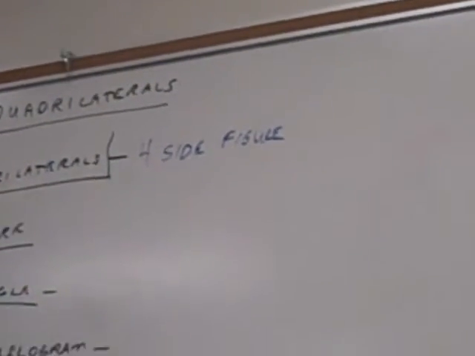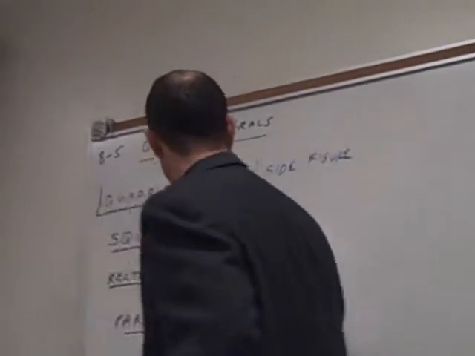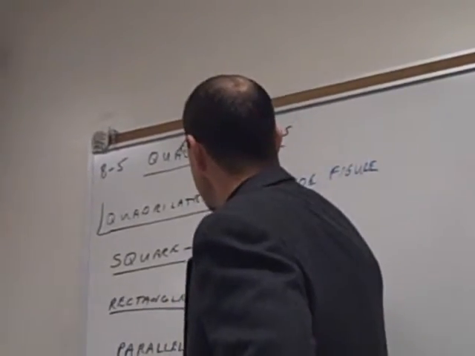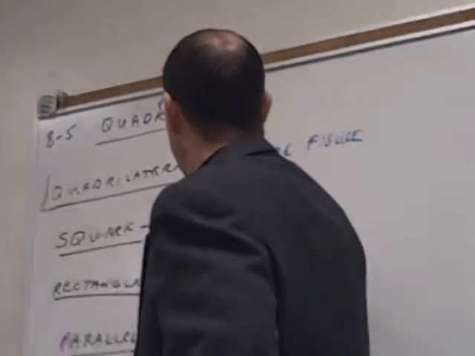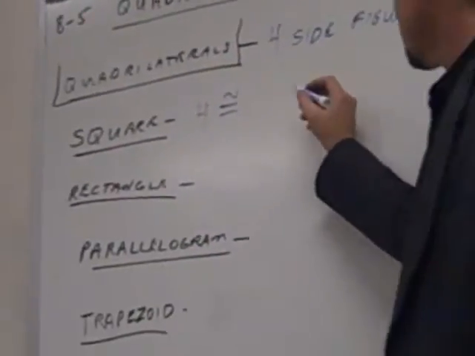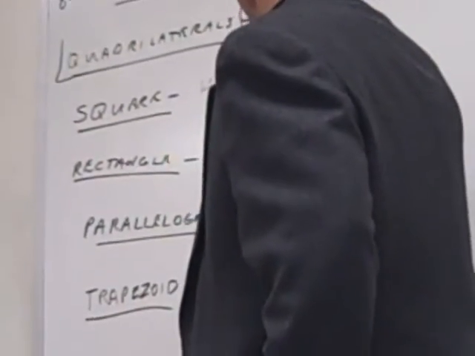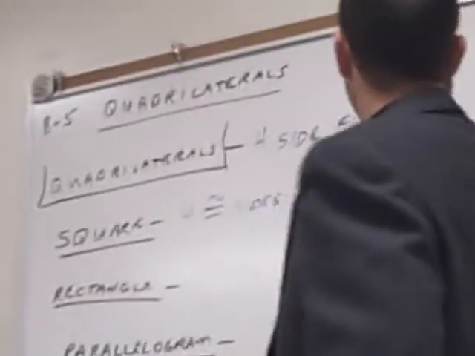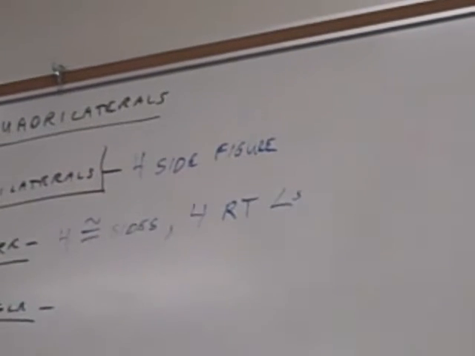All right. How would we describe a square? Now we don't say equal in geometry. We're fancy. Four congruent sides, four right angles. Now I'm abbreviating.